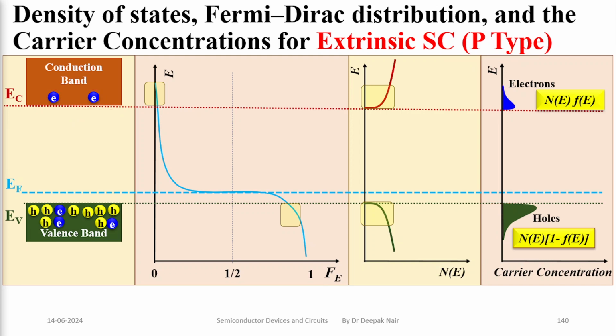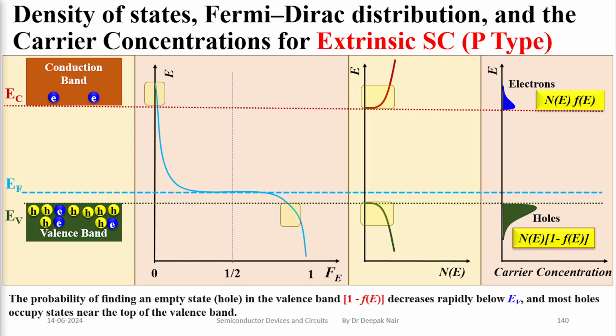Therefore this distribution is much larger than the distribution of electrons. That means distribution of holes is much larger than the distribution of electrons for p-type semiconductors.